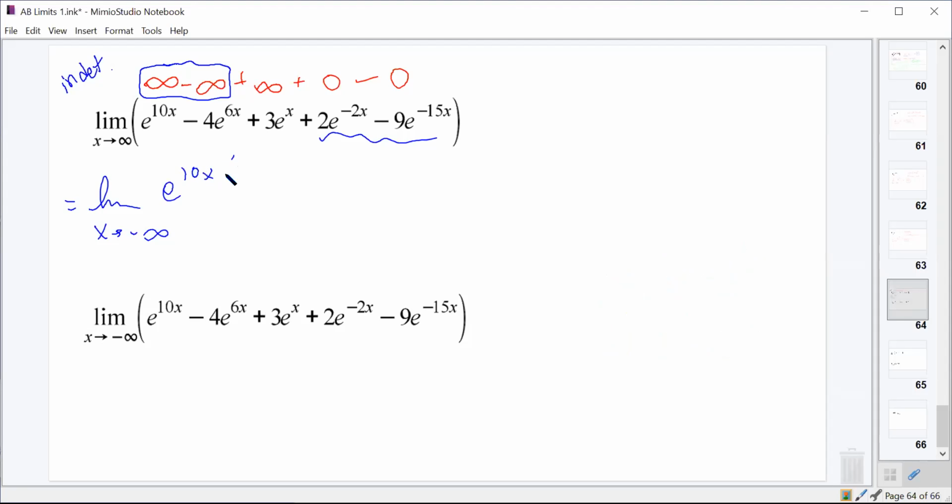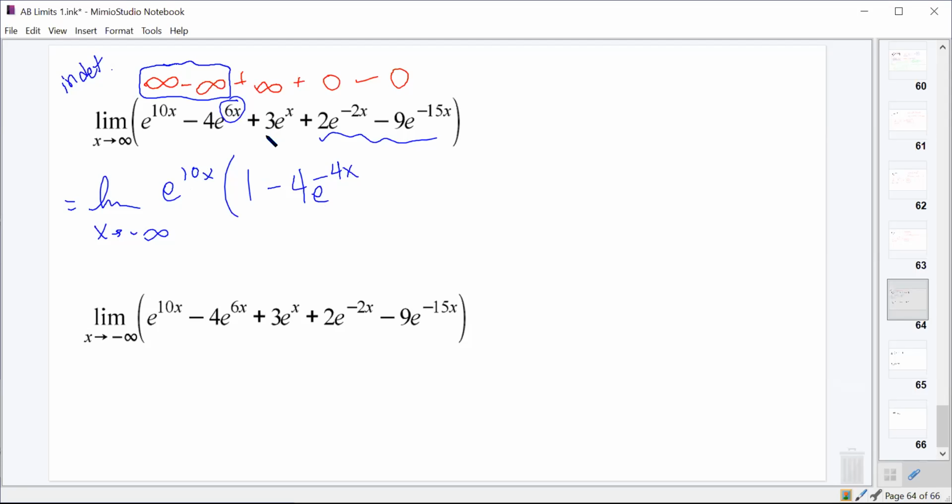Let's factor out e to the 10x and see what happens. If I take e to the 10x out of e to the 10x, what are you left with? 1. If I take e to the 10x out of negative 4 e to the 6x, I should get negative 4 e to the negative 4x, right? 10x plus negative 4x has to equal the 6x.